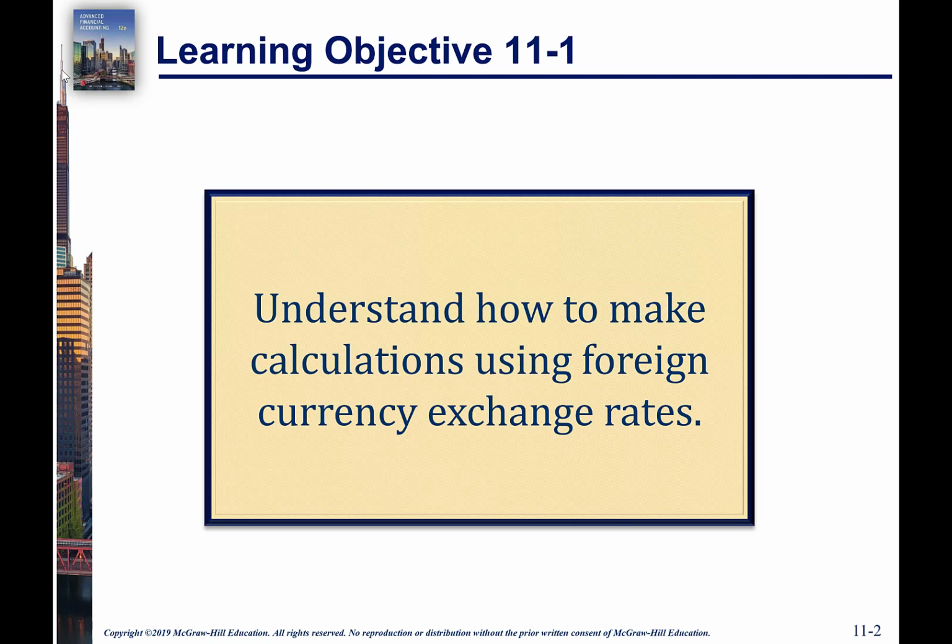So it kind of completes our discussion a little bit more of the consolidation process. You could have a foreign subsidiary whose financial statements are denominated in, say, the pound, and we want to consolidate them into the U.S. parent's financial statements, which are being reported in dollars. We would first have to either remeasure or translate the foreign subsidiary's financial statements from, say, pounds, again, I'm going to use pounds as my example, to dollars, and then we could complete the consolidation process the way we've talked about in some of the other chapters.